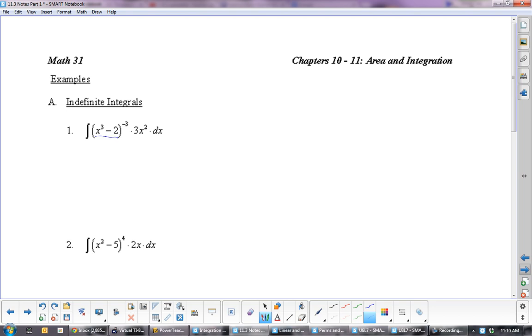Okay, now, we always want to define our inside. So on the side here, we let u equal x cubed minus 2. So u is going to be our inside. Then we do the derivative of this: du over dx equals 3x squared.